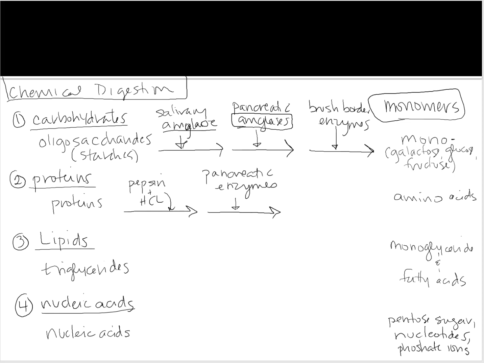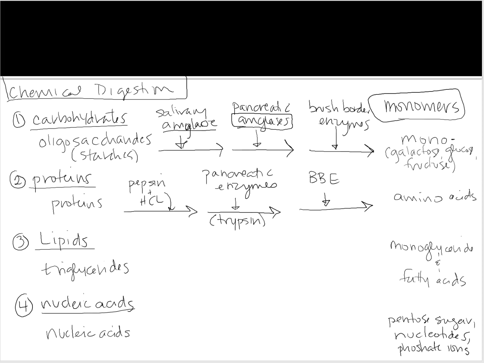Okay. And this is going to be a classic one here, your trypsin. Okay. And then the last place, and I'm just going to abbreviate this brush border enzymes as BBE. Our brush border enzymes will secrete enzymes to break down those amino acids.